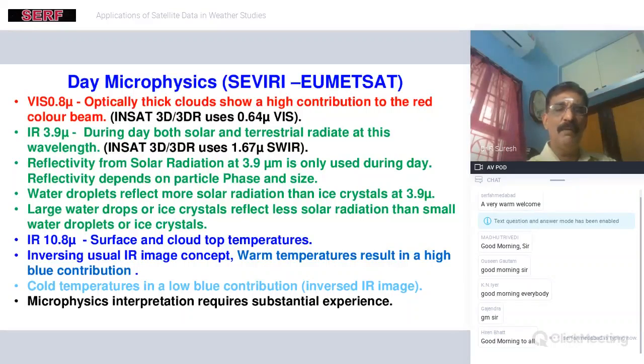Normally the red also starts from a pale red or orange pale red, etc. It goes to the deep red. The same way blue also has a sky blue, pale blue, something like that. It goes up to the deep blue. So the warmer the temperature, we have a high blue color, and the colder the temperature, we have very light color. This is what EMSAT is using.